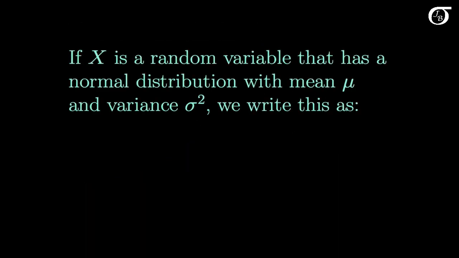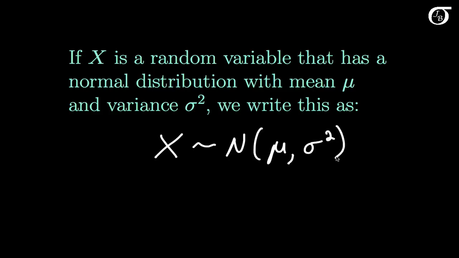There are an infinite number of different normal distributions, corresponding to all the different possible values for mu and sigma. If x is a random variable that has a normal distribution with mean mu and variance sigma squared, we write this as: the random variable x is distributed normally with a mean of mu and a variance of sigma squared.